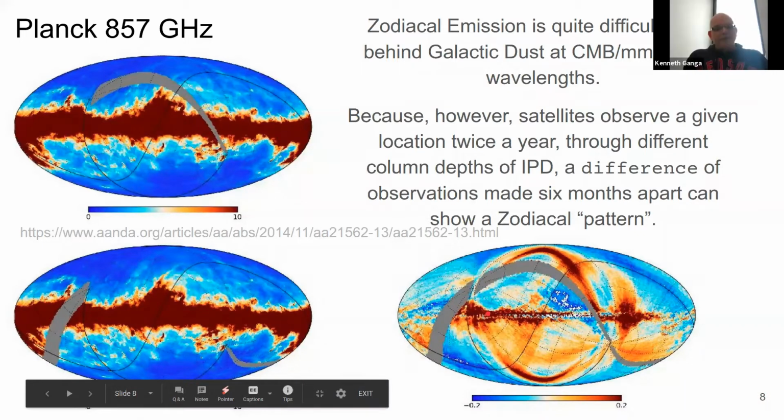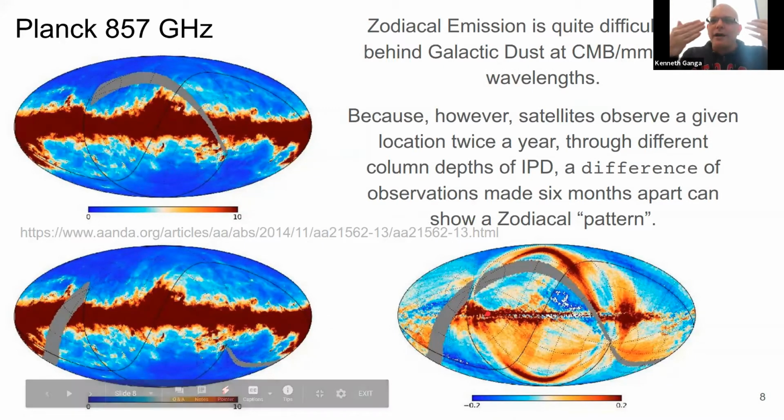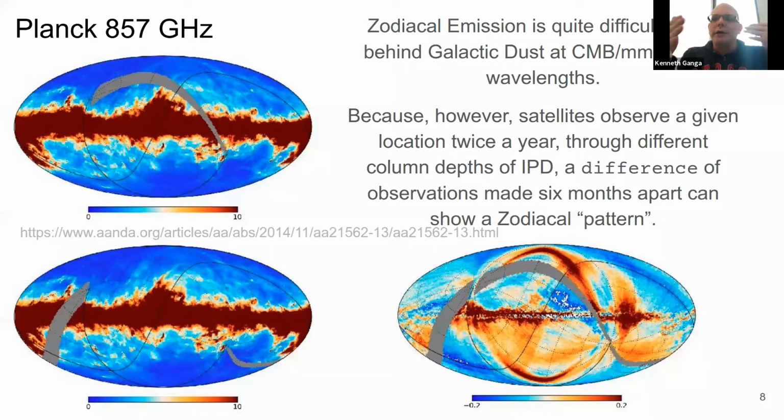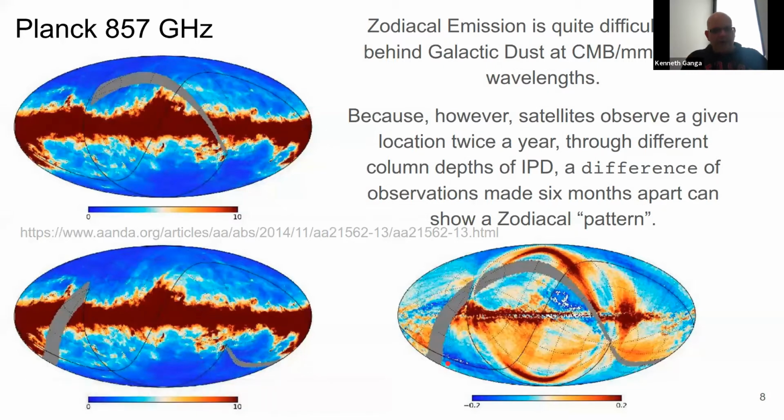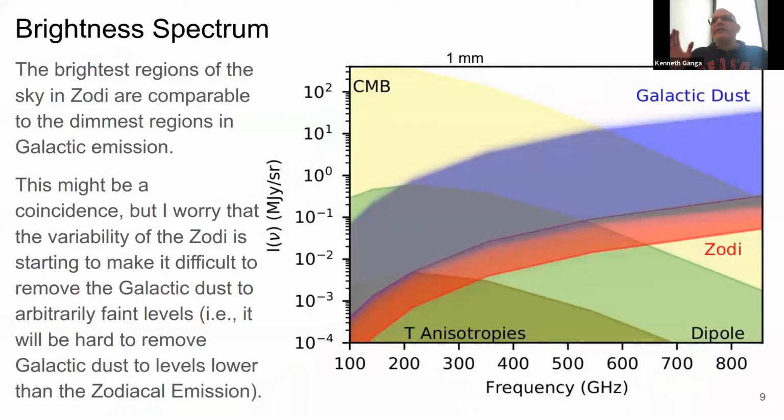Stuff like here, this emission, I think this one comes from variable calibration a little bit. So over time, things vary. The point here is this Zodi can make the rest of the analysis more difficult as well. Ultimately, I think that's the point I want to get across: we'll certainly see it. We should be able to remove it, but it will complicate things a little bit. So that's what I want to say, as it did for Planck.